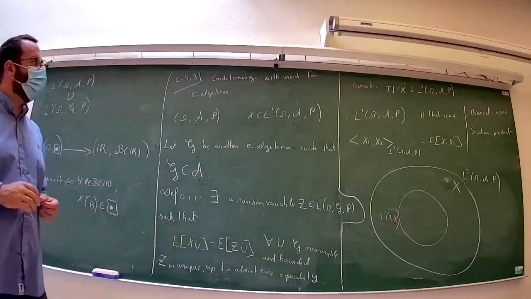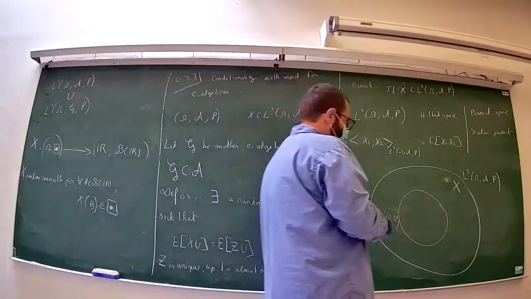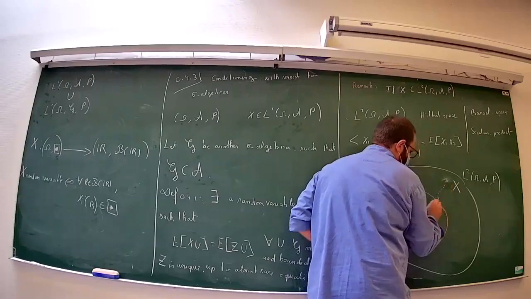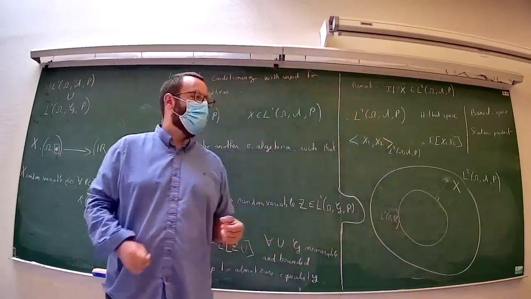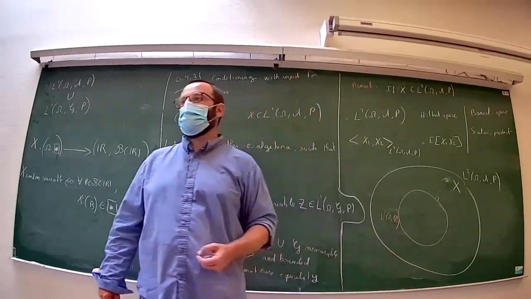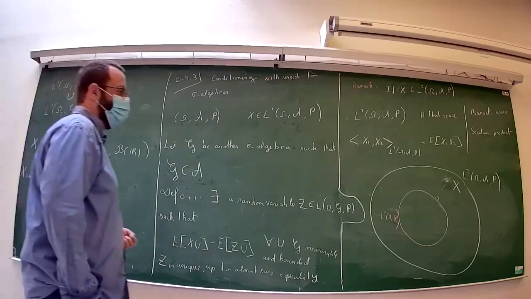Okay, so what can I do if I am in a Hilbert space? I have the notion of orthogonality, and so I can do orthogonal projection. It is possible for me to do the orthogonal projection of capital X on this subspace. In fact, it is possible to do orthogonal projection on any closed and convex set.